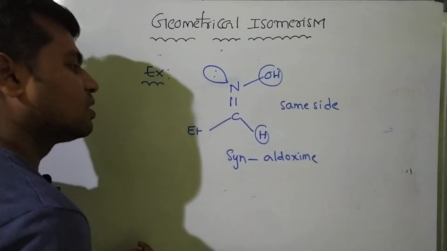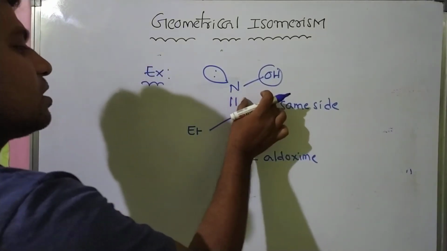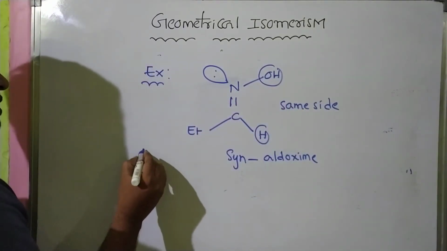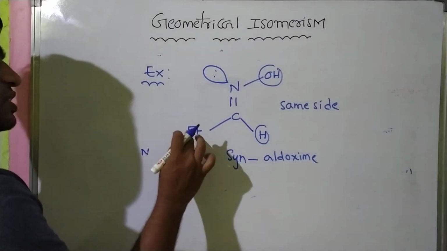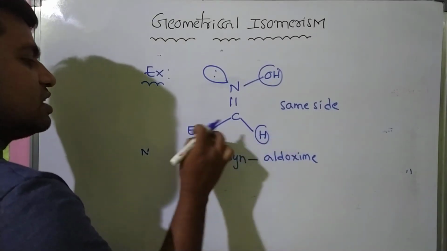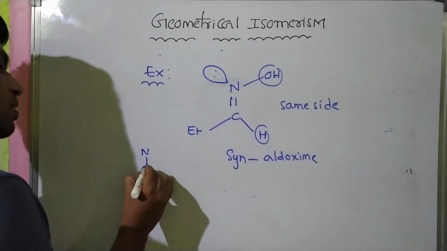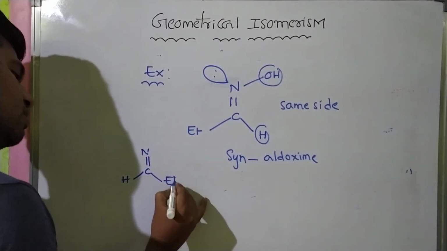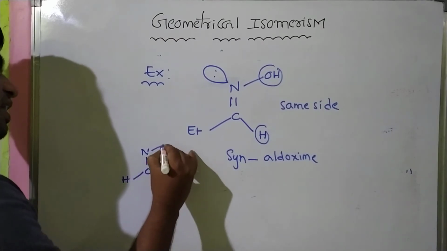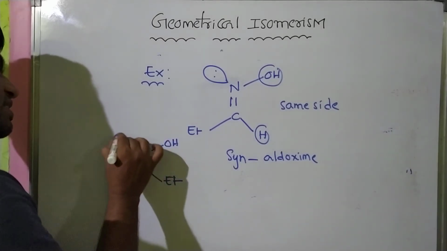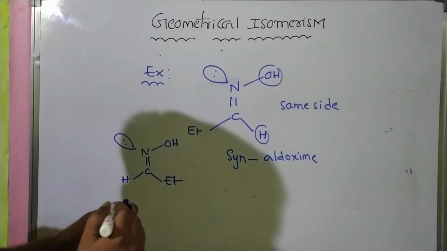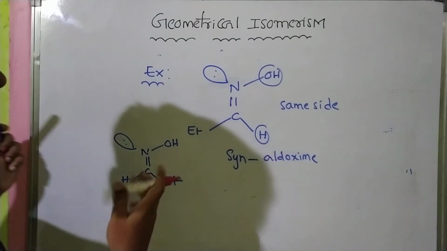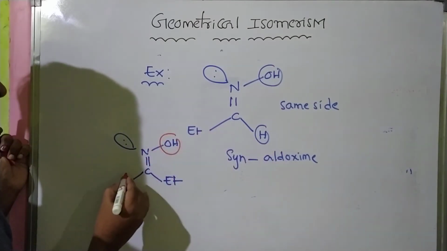Okay, students. Now what is the anti-isomer? Try to write. We just swap these two groups. Here hydrogen atom, here ethyl group, here OH, and this is the lone pair. Now in this case, this is the OH group, this is hydrogen.